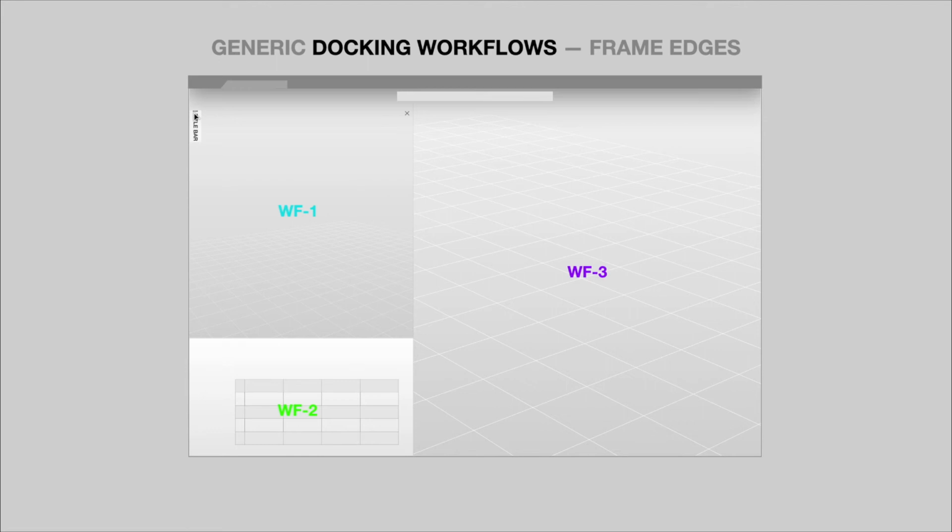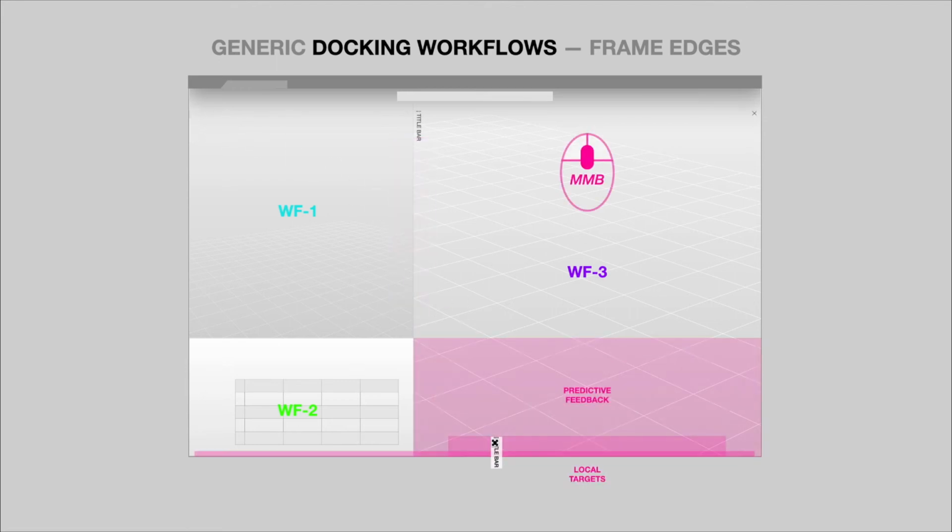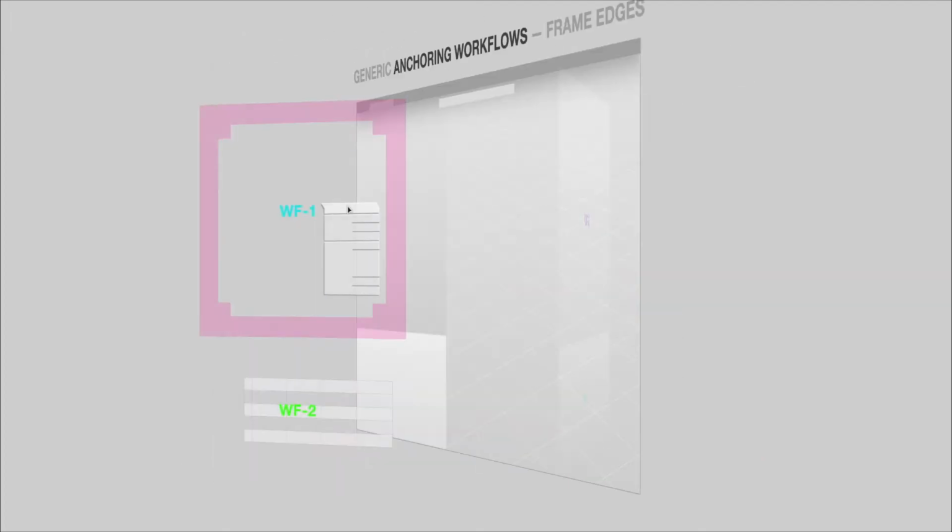And so this would be sort of how that would work. We get down to this point. Well, now the cursor is in this target area, so the predictive feedback says, oh, it's going to be inside there. If we drag down to the edge, then it shows predictively, hey guys, this is where you're going to show. So we wanted good targets and also showing where the result would be. And that would be that case.